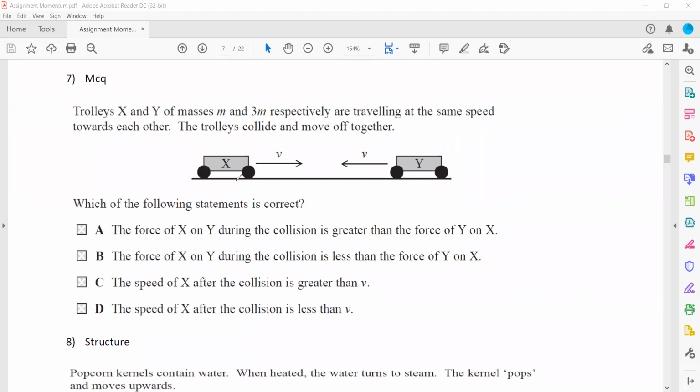If X is exerting a 30 Newton force on Y, then Y should also exert the same force on X. So the statements that the force of X on Y during collision is greater, or less than the force of Y on X, are totally wrong, because whenever objects collide, the force exerted by X will be the same as the force exerted by Y. The only difference is that the direction will be opposite.